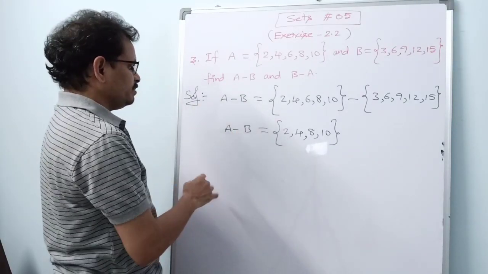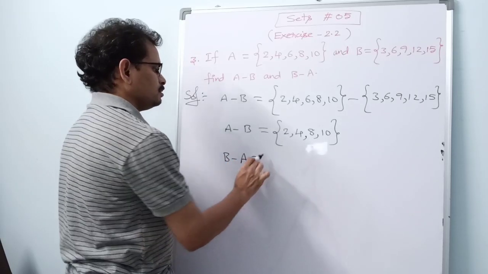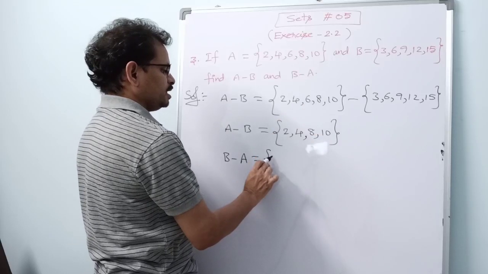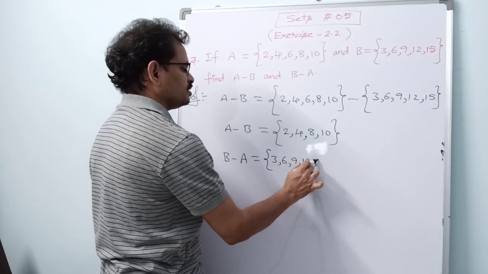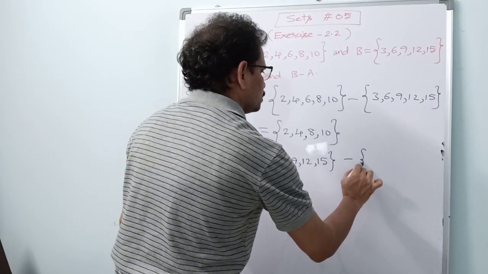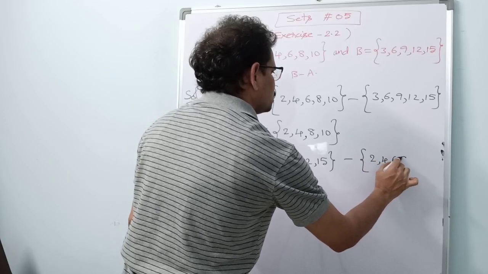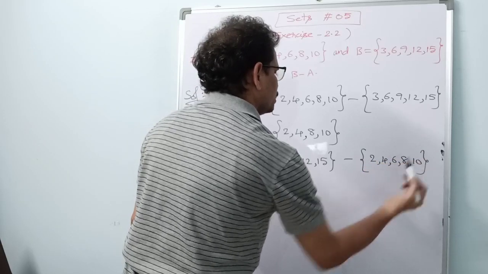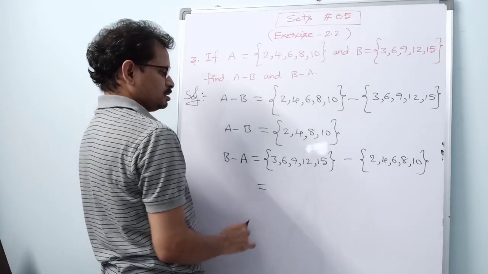Right. Now let us find B minus A. Write down that one. 3, 6, 9, 12, 15 minus 2, 4, 6, 10, 8. So this is equal to how much?